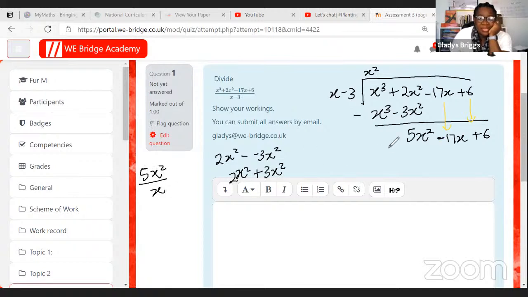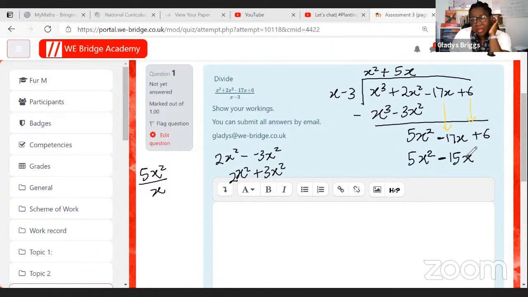So 5x squared divided by x. You're repeating the process again, starting all over again, repeating the algorithm. This is going to give you 5x. And then 5x times x gives you 5x squared, and 5x times negative 3 gives you minus 15x.